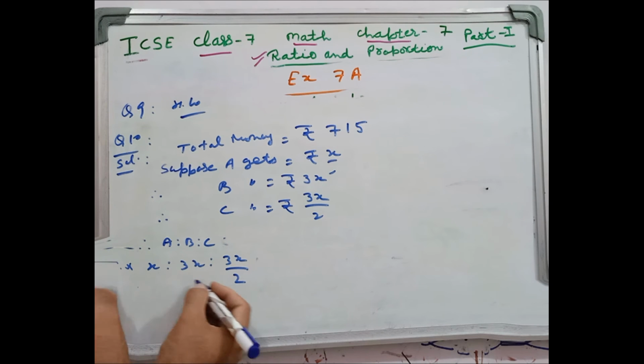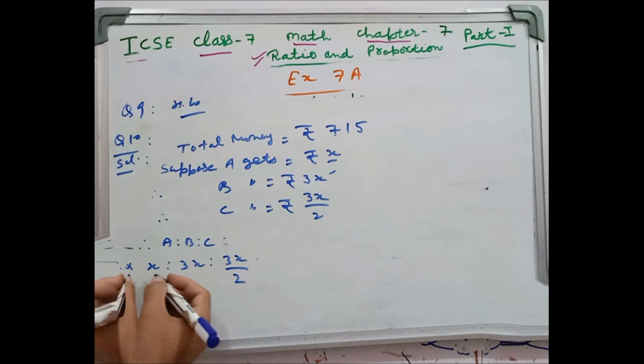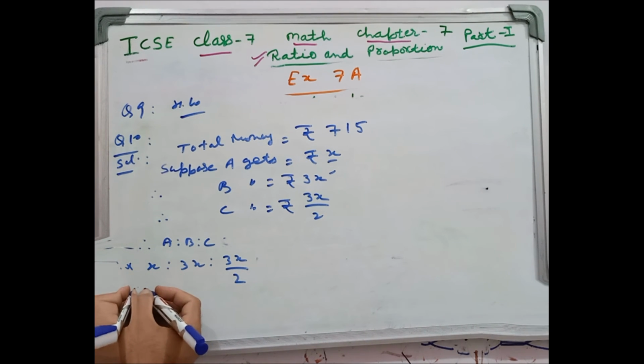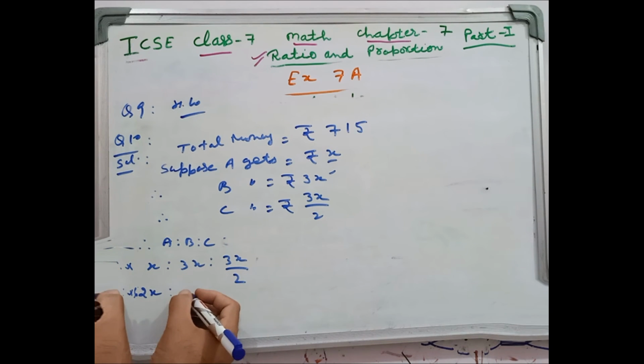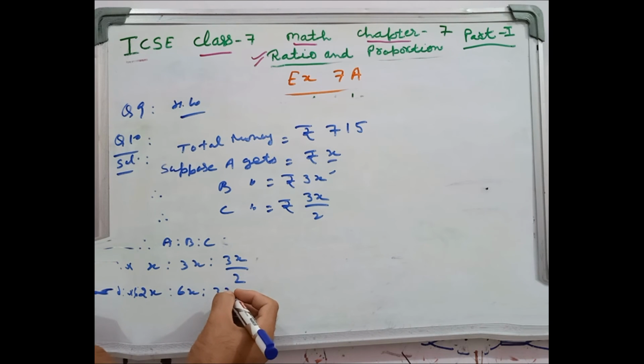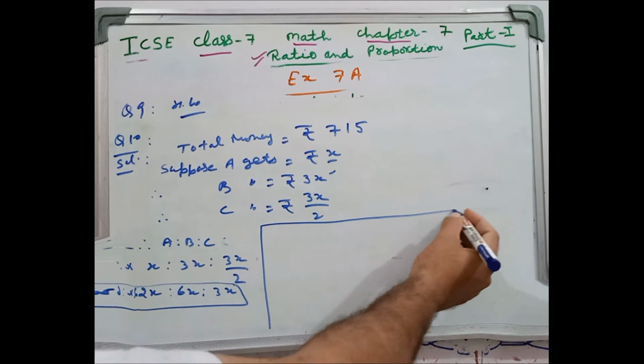Now this will be cross multiplied with this. 2 multiplied by x, 2x; 2 multiplied by 3x, 6x; and this will be taken as 3x. Right? Now will they go on any common table? No common table. So this is the required ratio. So here we will go further.